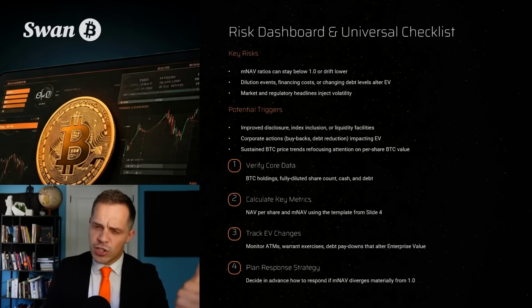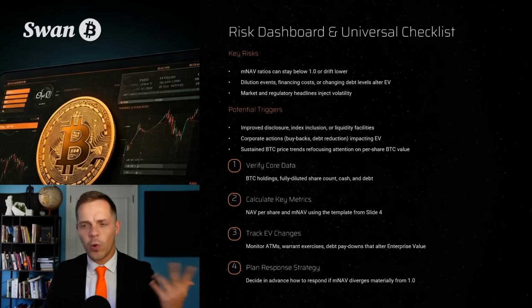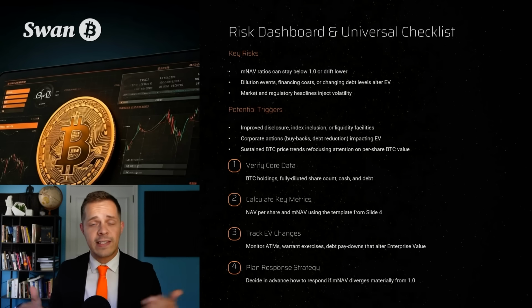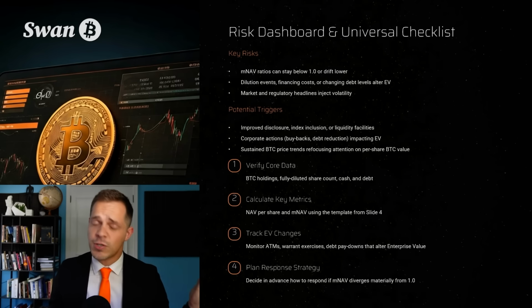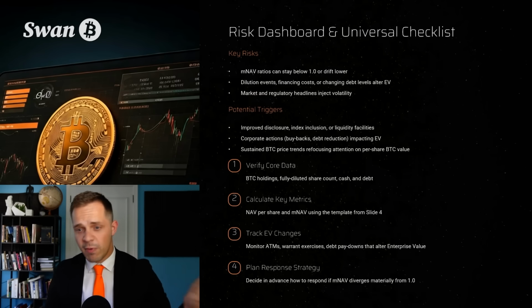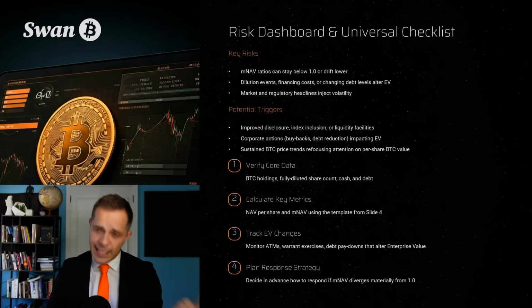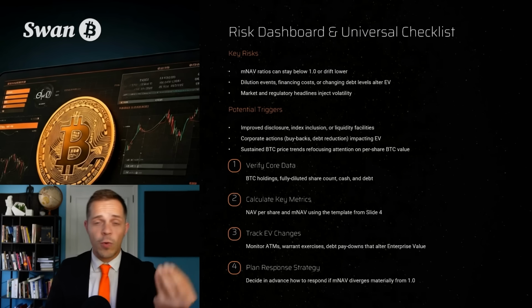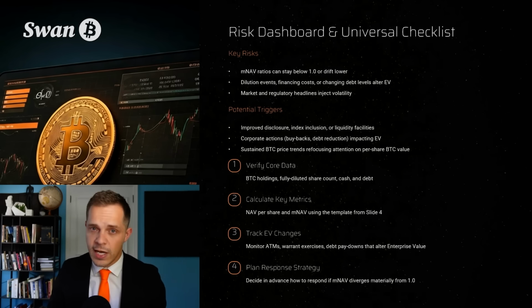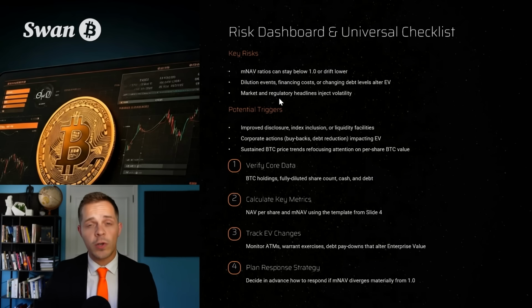There can be dilution events, balance sheet changes, warrant exercises, new debt raising enterprise value, or the share count overnight, which can move the M-NAV before the price has a chance to adjust. There's financing costs and fee drag potentially with some of these companies. You could have interest expense, management fees, custody costs, eroding the per share economics over time. Unexpected rule changes or news flow can move prices faster than filings update.